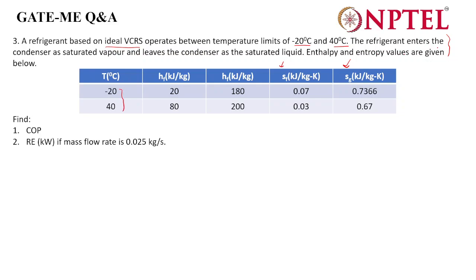So refrigerant enters the condenser as a saturated vapor. Similar problem to last time, right? So here also refrigerant enters as a saturated vapor. So this point would be the third point. So second point would be somewhere here, right?